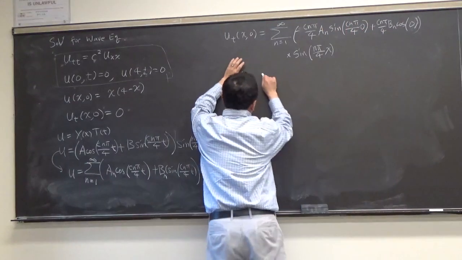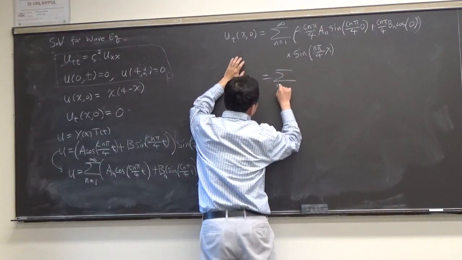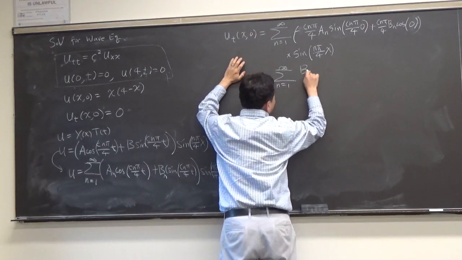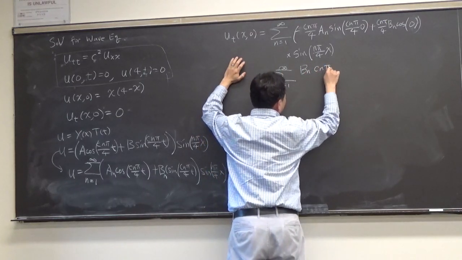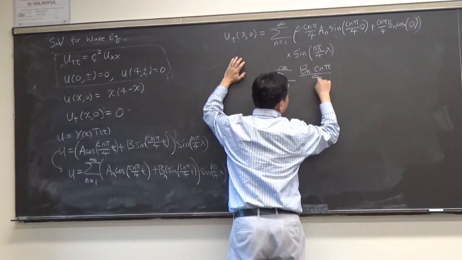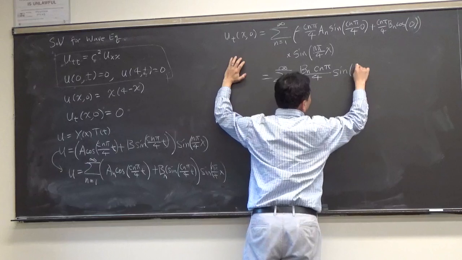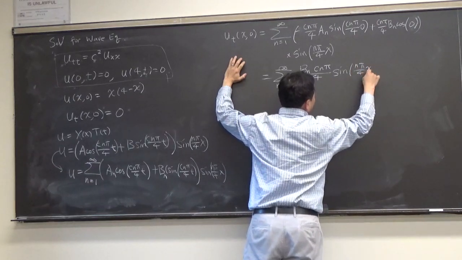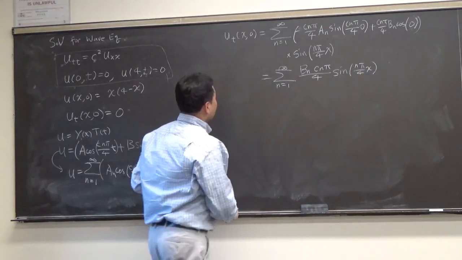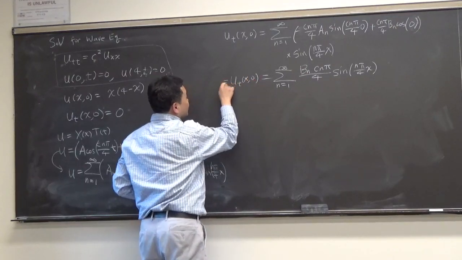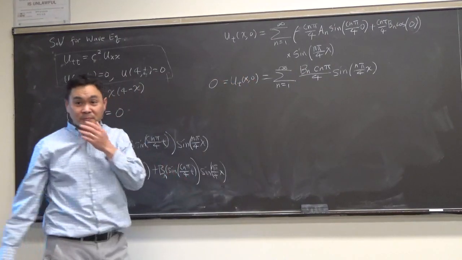So what you get is the summation of n equals 1 through infinity of b_n times Cn pi over 4, cosine 0 is 1, and then sine n pi over 4 x. But then this has to be 0.